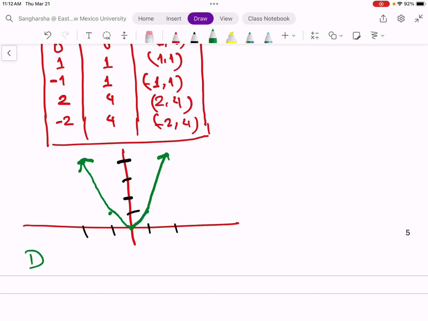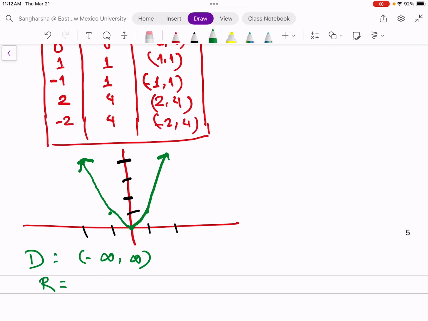Here the domain is all real numbers. Who can tell me about the range for this function? When we are talking about range, we are looking at what y values this function has for all these inputs. We can't extend the graph below the x-axis.